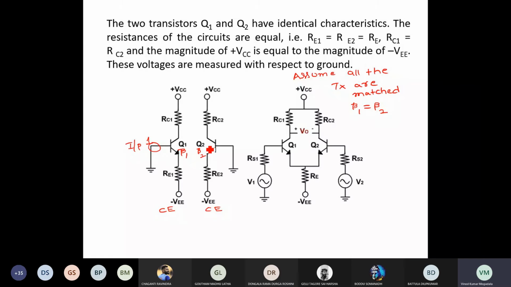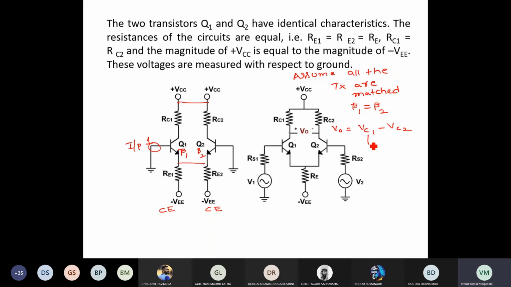So we have taken two transistors in common emitter configuration, and we have connected their emitter terminals together. Then the output voltage V0 we can write as Vc1 minus Vc2.